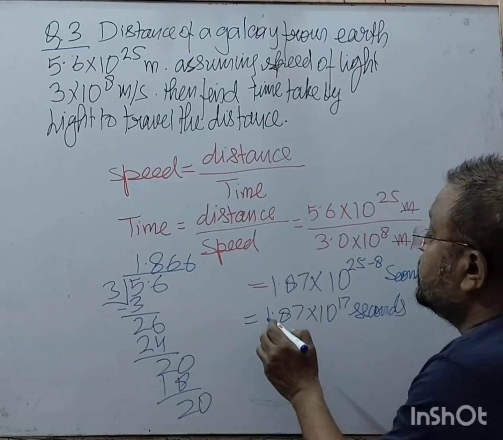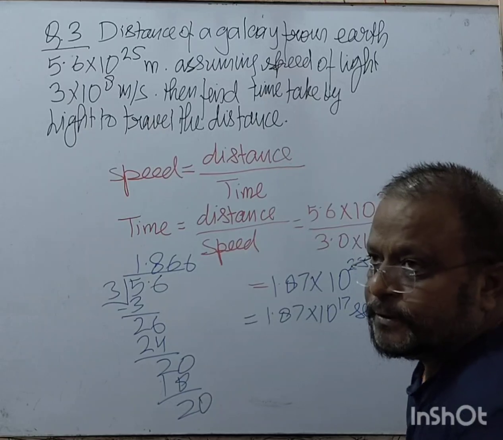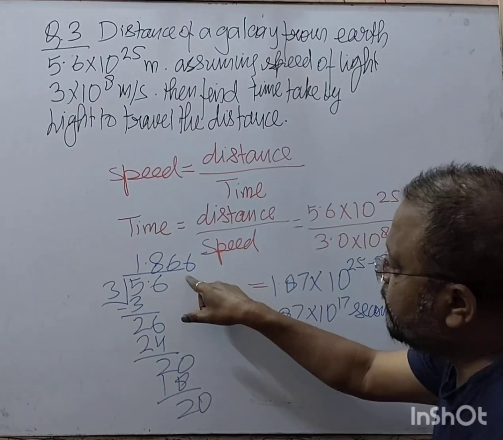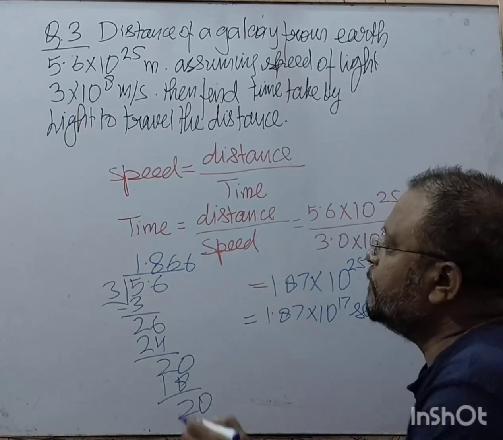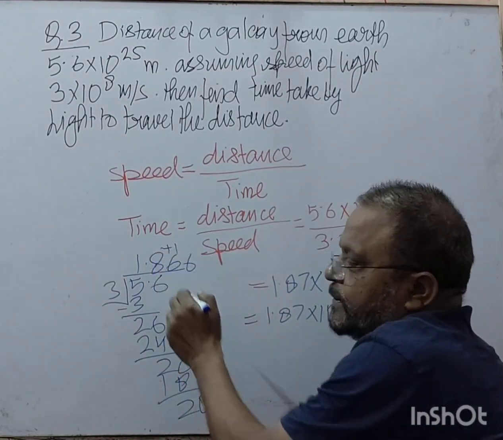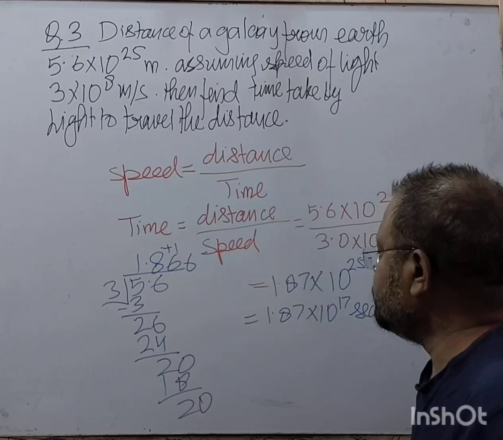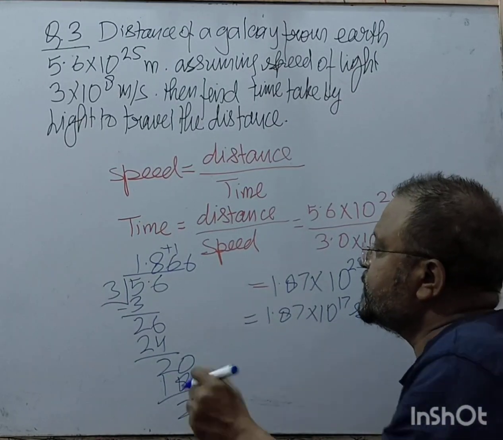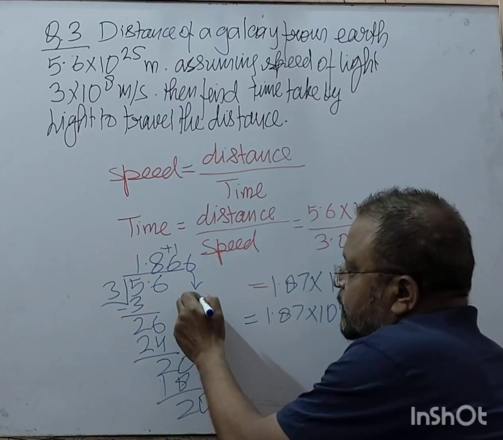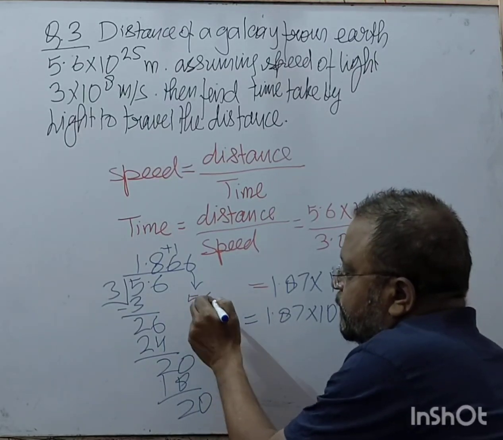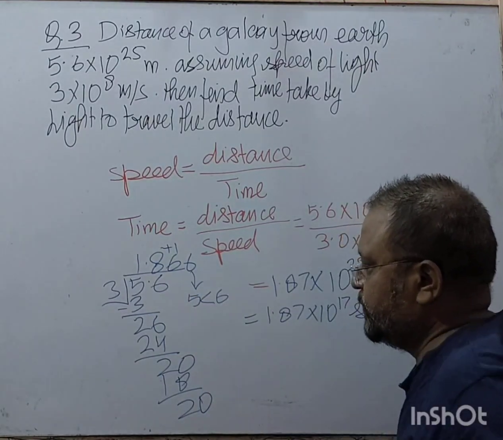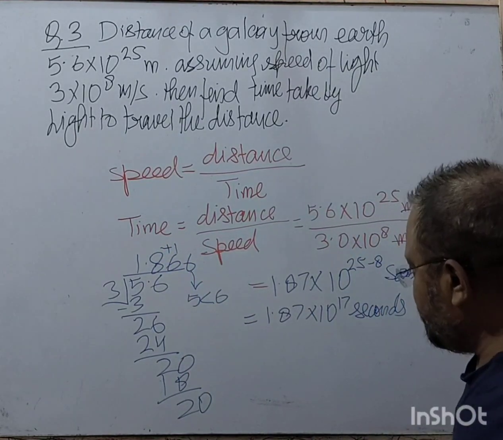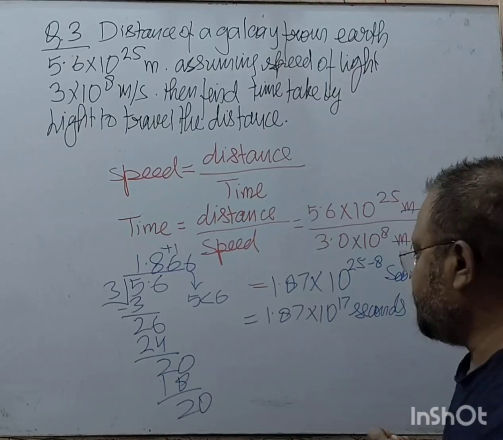So 1.86, now approximation: when the digit is greater than 5, when we remove this, we take 1 plus here. Since this 6 is greater than 5, we take 1 here and it becomes 1.87 into 10 to the power 17 seconds.